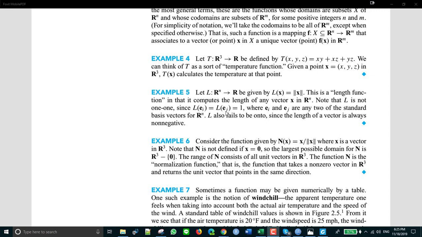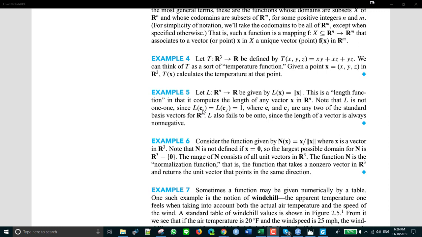Remember ei and ej mean the unit vectors: this is the unit vector in the ith direction, and this is the unit vector in the jth direction, right? We have many directions here, so to speak, because it's Rn. If we only had R3, this might be i, and this might be j, or this might be k.